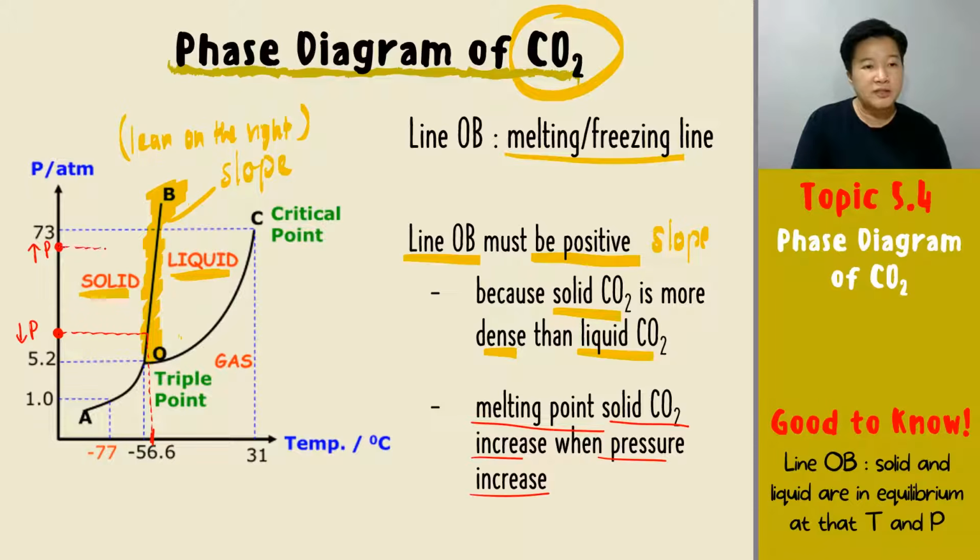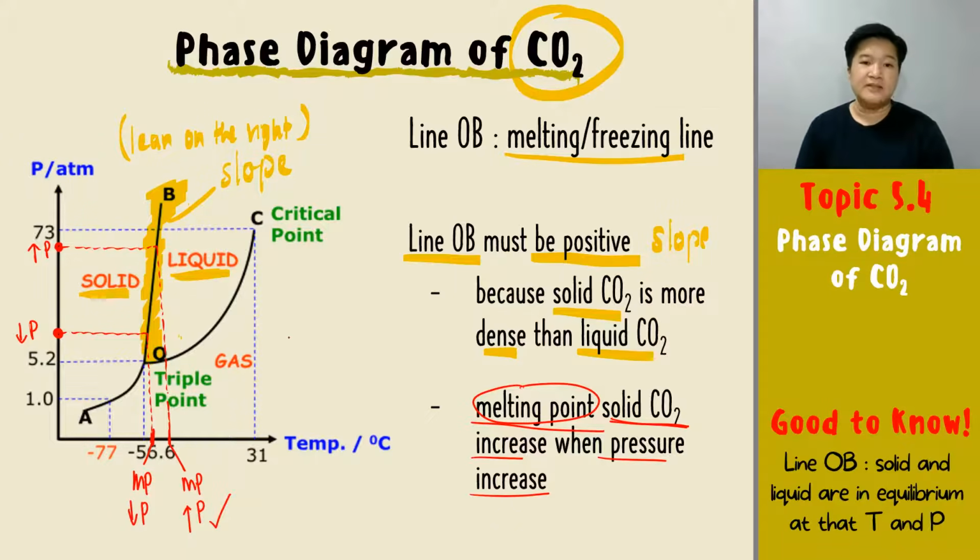When my pressure is higher, you realize that the melting point of your carbon dioxide also increases. Can you see that? This one is the melting point for low pressure. This one is the melting point for high pressure. So the melting point of your solid CO2 will increase when the pressure increases. And those are the two things that you can get from the line OB when it is a positive slope.